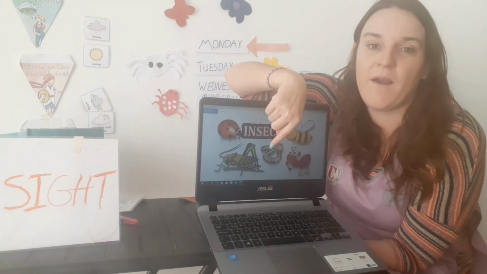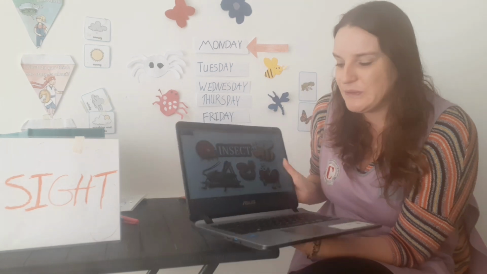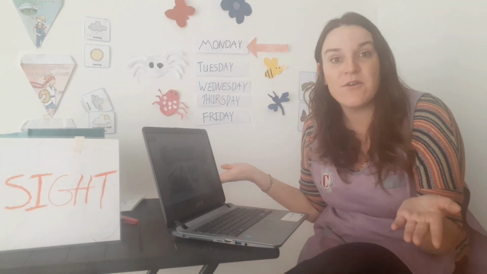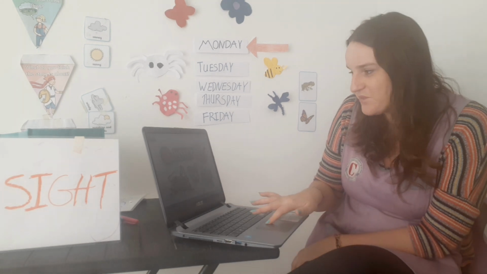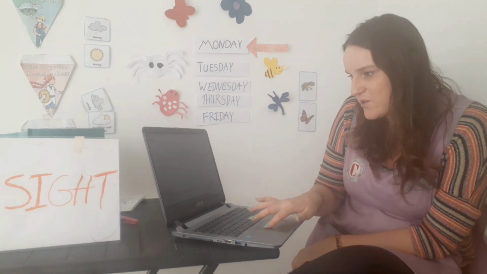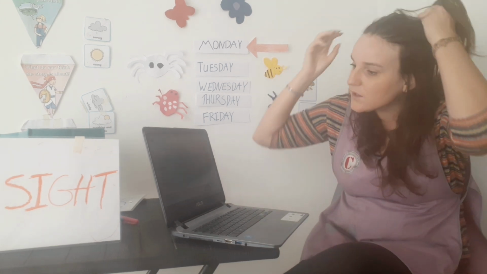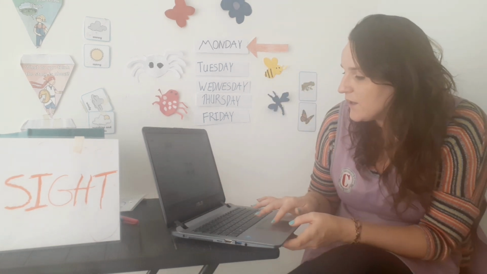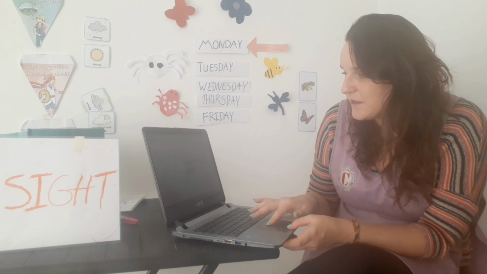This is a worm. A worm has no legs. Ooh, they have no legs. So how do they walk? They slip and slide. Let me see, I also have an ant and a beetle to show you.